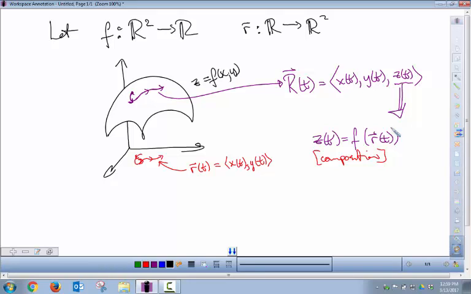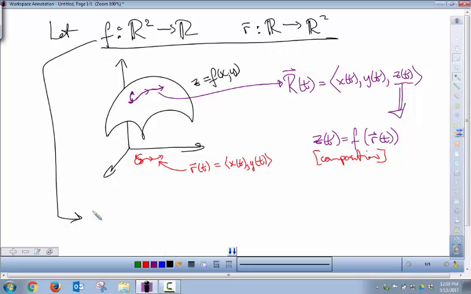And so now, if we look at this composition f of r of t, what's the bottom line function input for this? R2 or R? R.